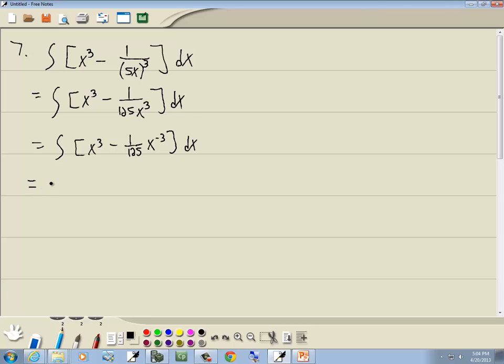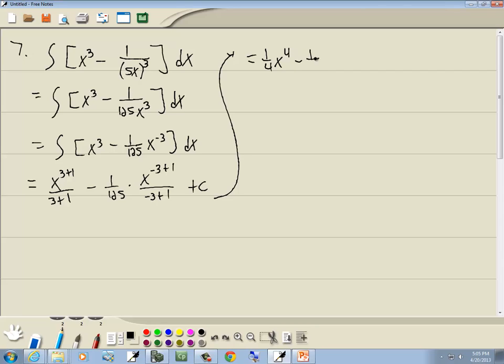Well, now we're ready to add 1 to our power, divide by our new power. So x to the 3 plus 1 over 3 plus 1, minus 125 times x to the negative 3 plus 1 over negative 3 plus 1 plus c, which gives us 1/4 x to the fourth minus 1 over 125 times negative 3 plus 1 is negative 2.